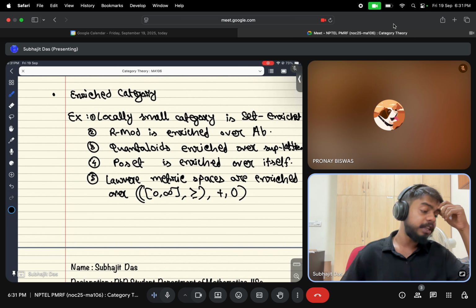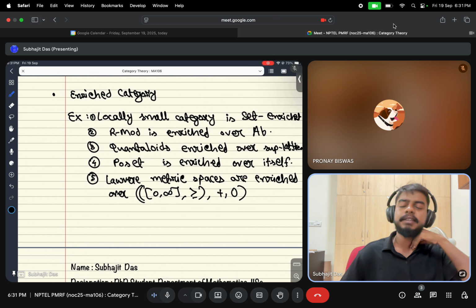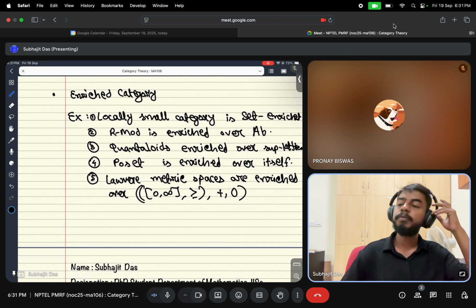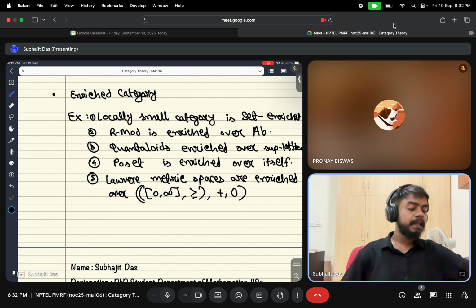For instance, there is something called magnitude homology, and there are other things as well. Magnitude homology is a theory of homology which studies, so if one looks at usual homology in topology, the purpose of usual homology or topological homology is to detect the presence of holes.